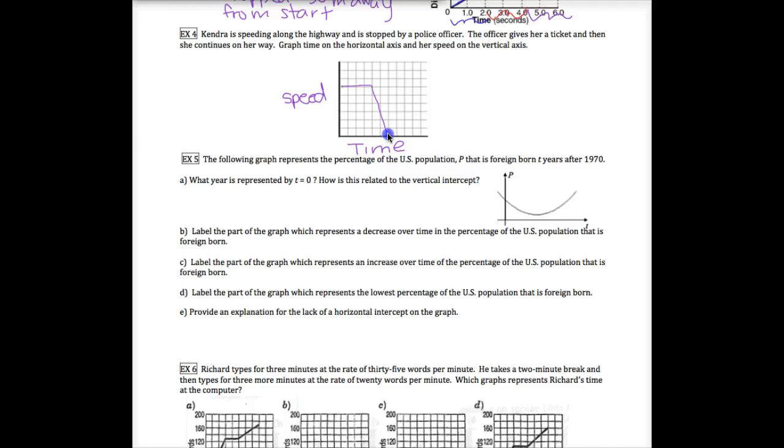Then we are staying stopped, so along the 0 speed line while she gets her ticket. Then it says she continues on her way. So she's going to accelerate, we assume, and hopefully not reach the same speed she was at before. So this would be an example of how we can take a situation and draw something that represents it.